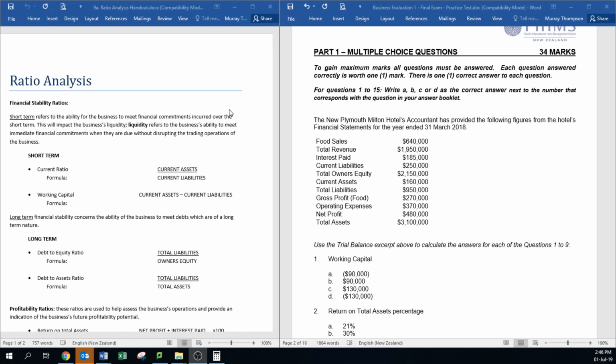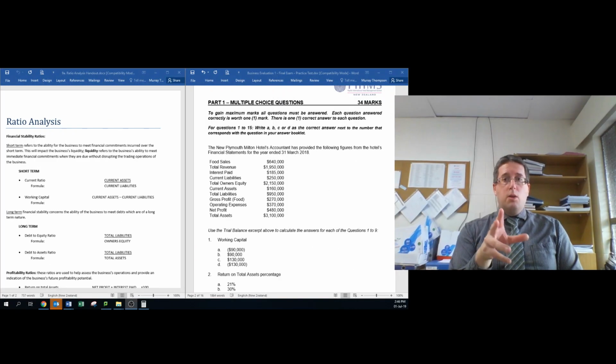And on the left hand side here, we've got the ratio analysis handout. You will get a printout of the Canvas test, so you will have the numbers printed out in front of you while you're doing the Canvas test, and also a printout of the ratio formulas.